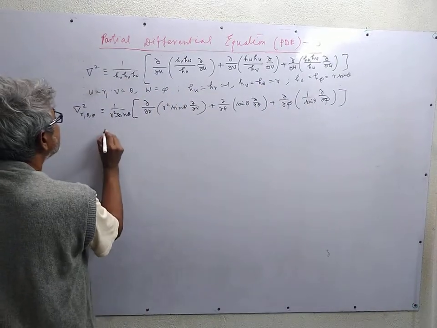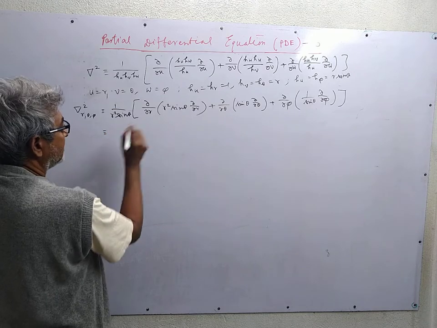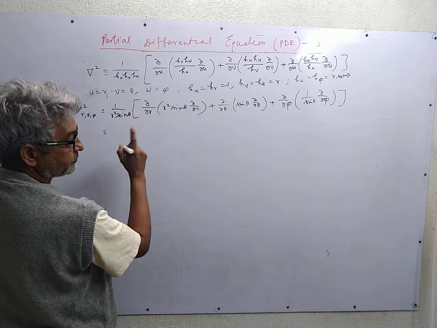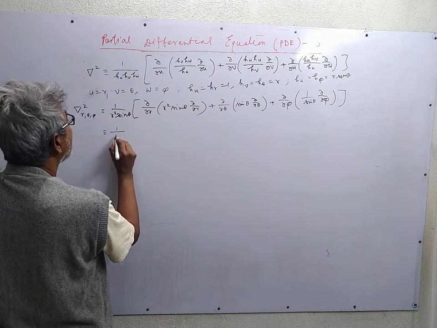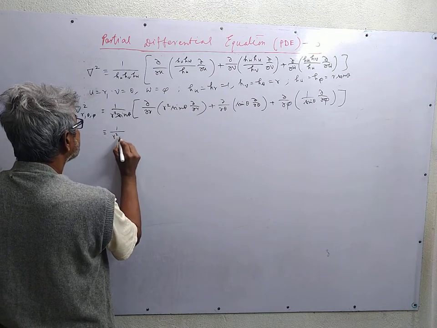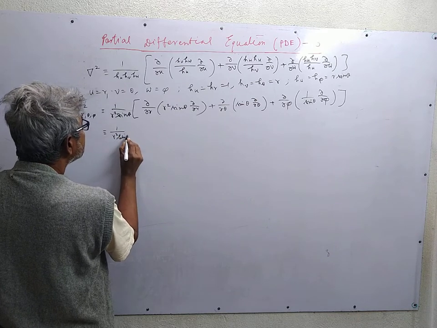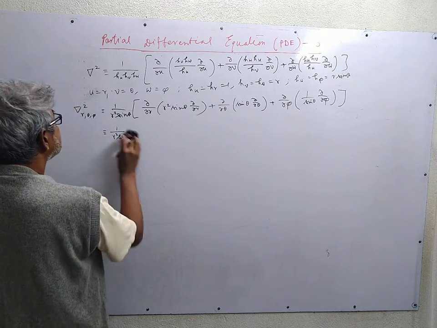This becomes 1 by r square. So this is the equation.